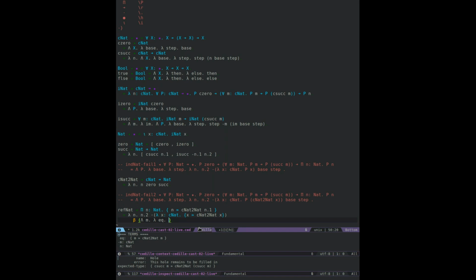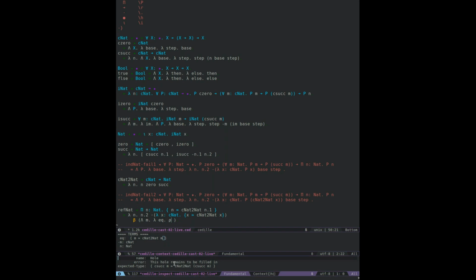So beta was our introduction form for equality, and the elimination form is notated by rho. So rho performs a rewrite. Given an expected type for an expression, give me an equation to rewrite by, and I'll rewrite all occurrences of the left-hand side with occurrences of the right-hand side.